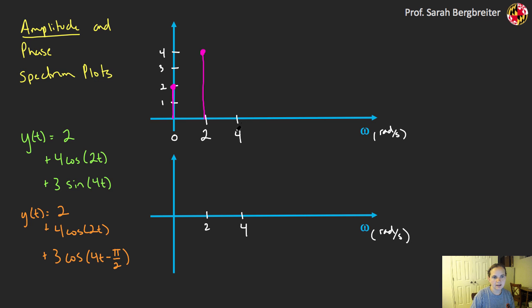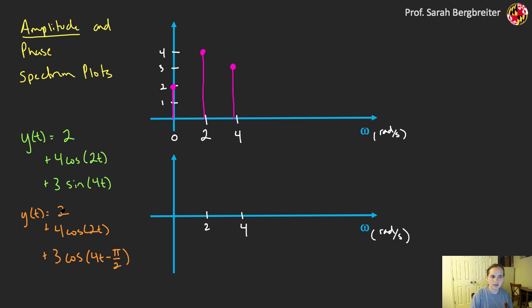And then at a frequency of 4 radians per second, I have an amplitude of 3. And so I'm going to sketch this right here. Right? And most of the time, honestly, we're going to assume we already have everything in terms of cosines, and we have an even function or an odd function, and so the phases are constant. But in this case, the phases are not constant.